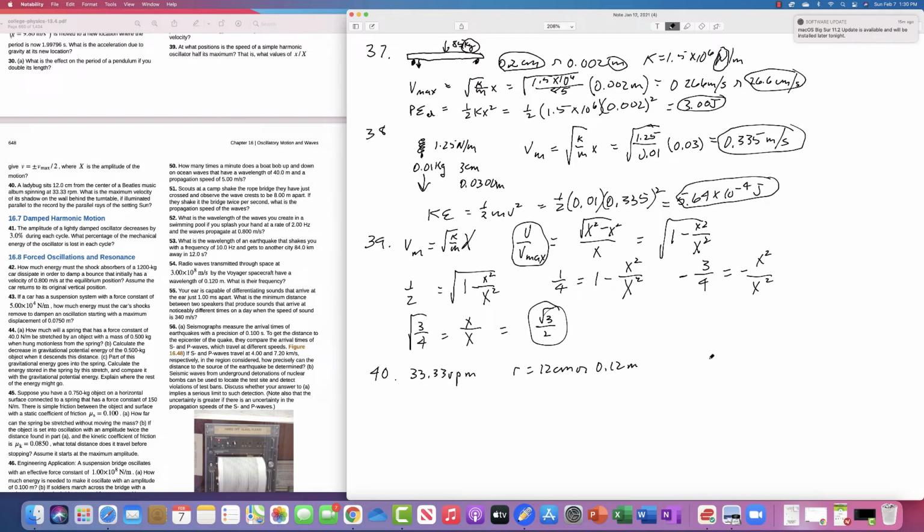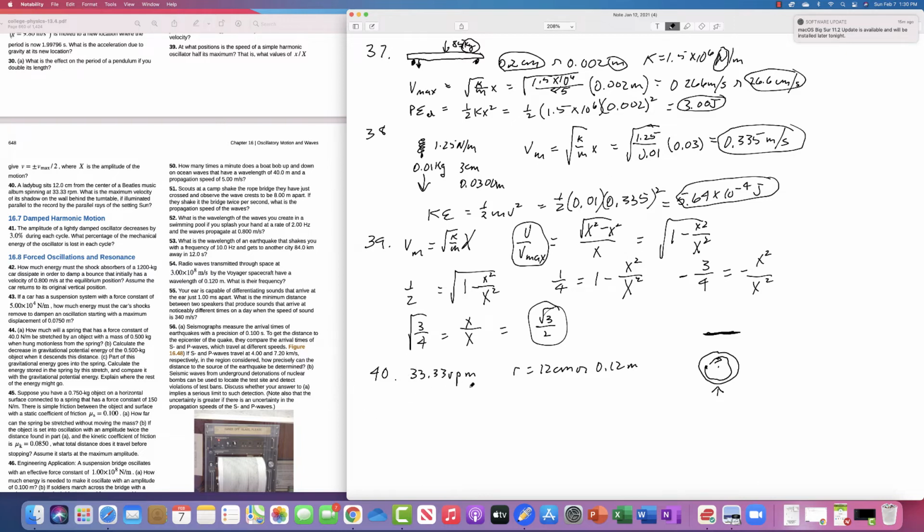So what they're saying is you have a bug sitting out here going around at that rate, and light is coming in like this, and it's causing the bug's shadow to go back and forth. So the question is, what's the maximum velocity for that?